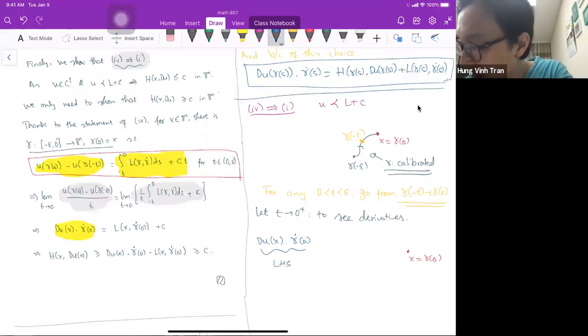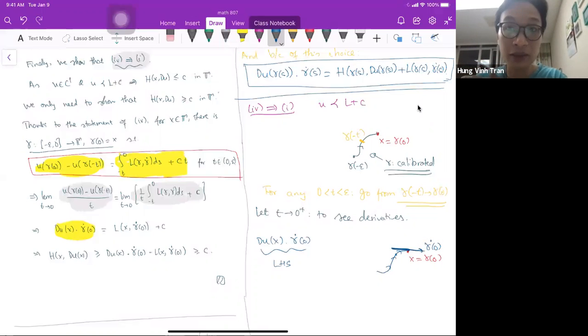When we measure the infinitesimal changes as t goes to 0, it gives you the gradient in this direction, gamma dot of 0, the change in the tangent direction to the curve at 0.